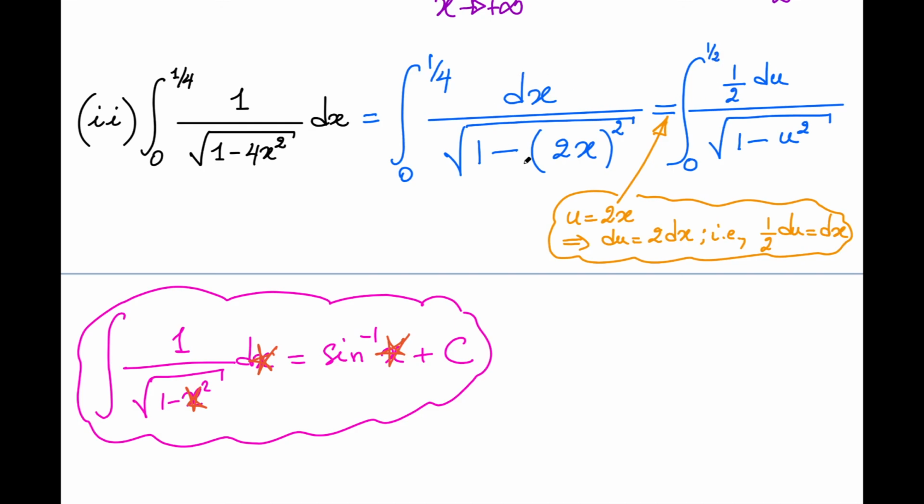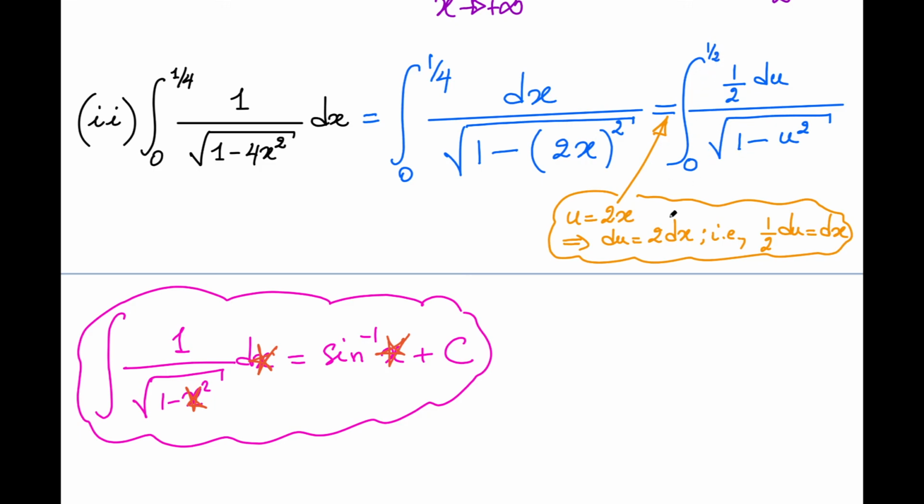One more time, it's just a simple calculation here. So lower bound goes to lower bound, upper bound goes to upper bound. The lower bound for x is 0. That's gonna force the lower bound for u to be 0. And when x reaches its upper bound 1/4, that's gonna be 2 times 1/4, which is a half.